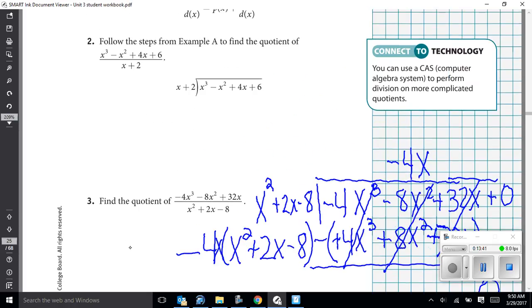So we have x plus 2, and we're dividing that into x cubed minus x squared plus 4x plus 6. So let's work this one out. So x times what gives us x cubed? X squared. So x squared times x is x cubed, and x squared times 2.